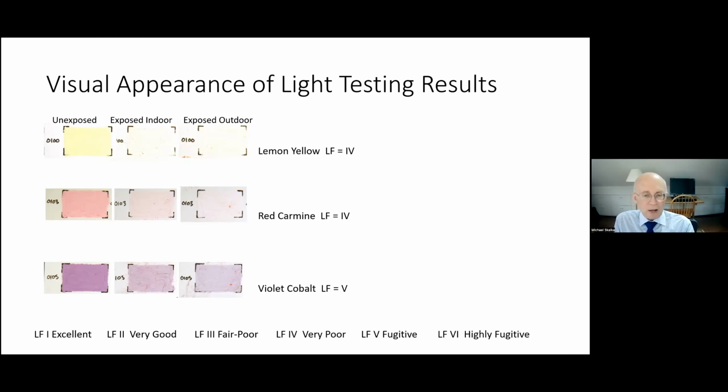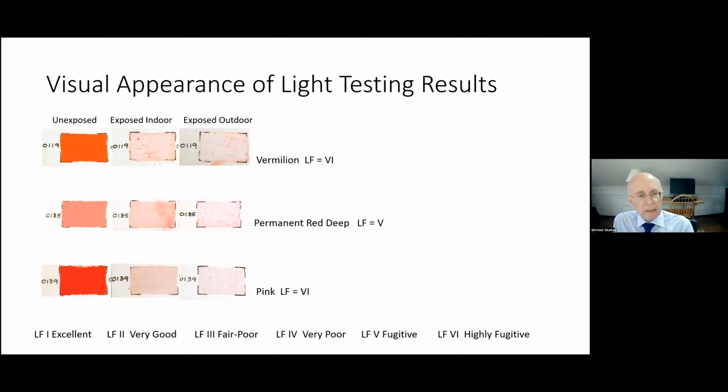And you see the cobalt violet, very typical, goes from the original color to a much lighter shade. Most things fade and go light rather than go dark. Here's an example of vermilion, permanent red, and something called pink. Also had very high failure rates.